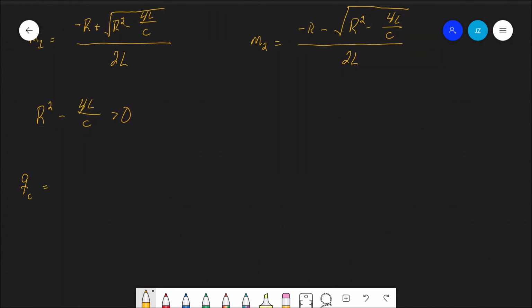Q of t is equal to e to the negative Rt over 2L times C1 e to the square root of R squared minus 4L over C over 2L t plus C2 e to the negative square root of R squared minus 4L over C over 2L t.